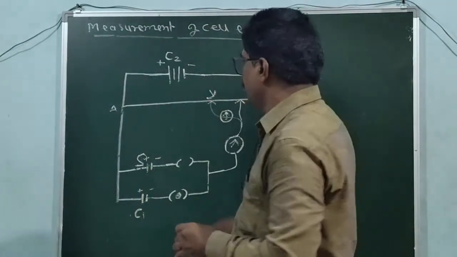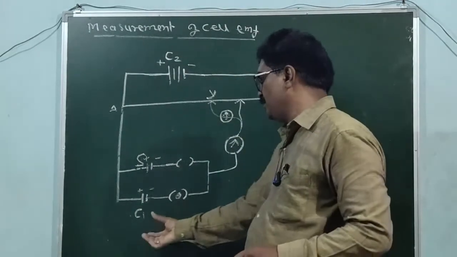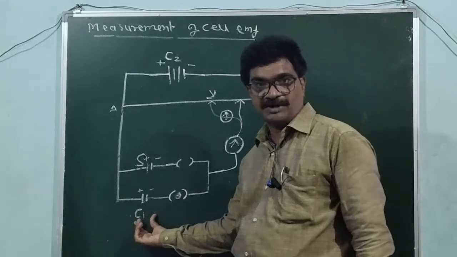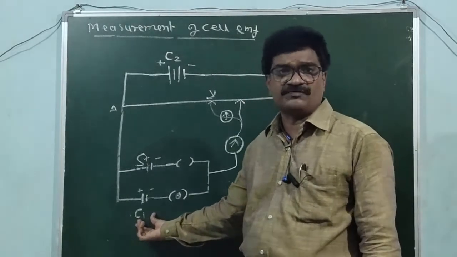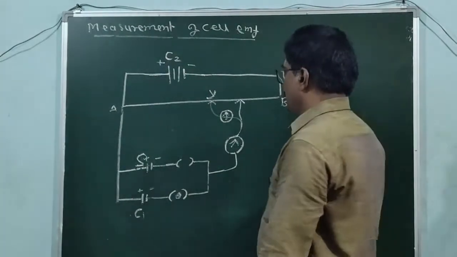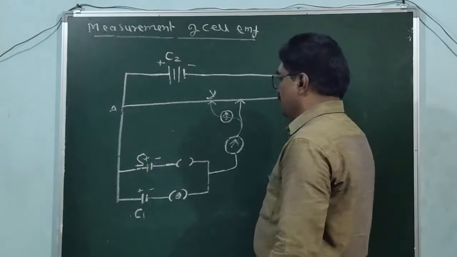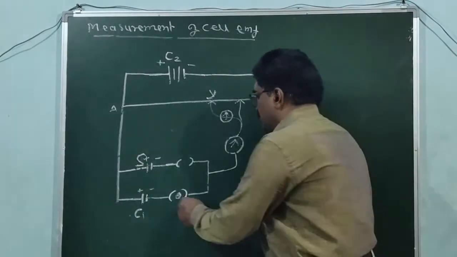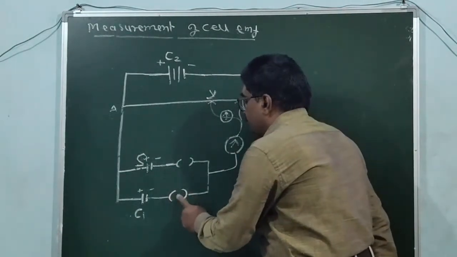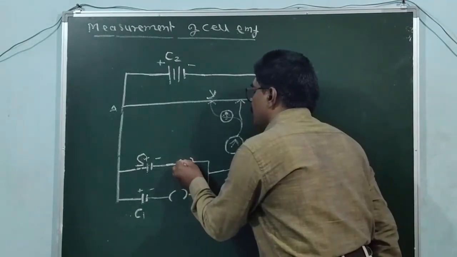It means that the EMF of the cell C2 becomes equal to the EMF of the cell C1. That is why there is no flow of current in the circuit. Now this key is opened and the key of the standard cell is closed.